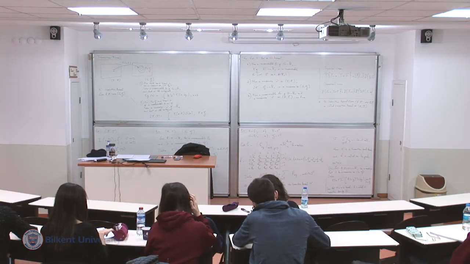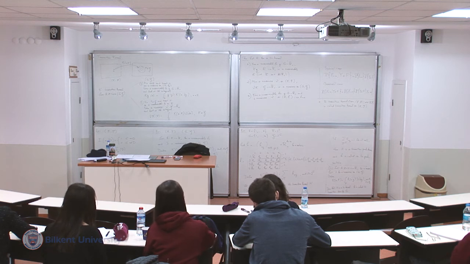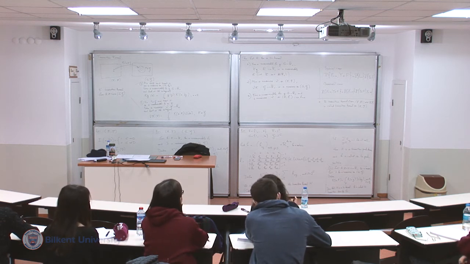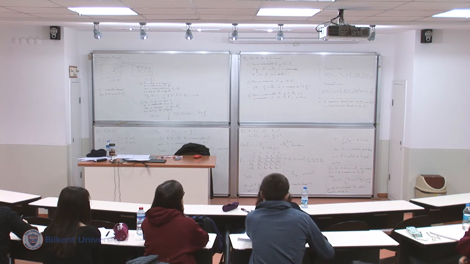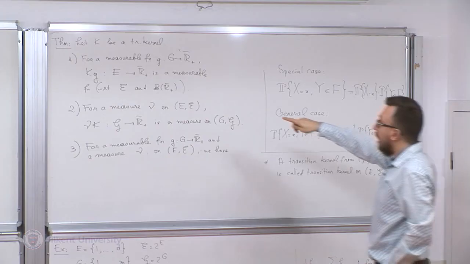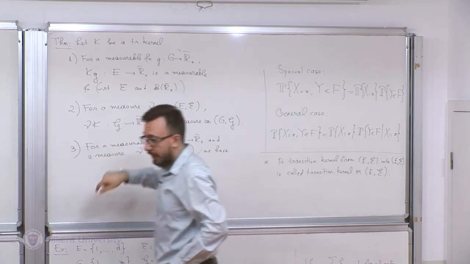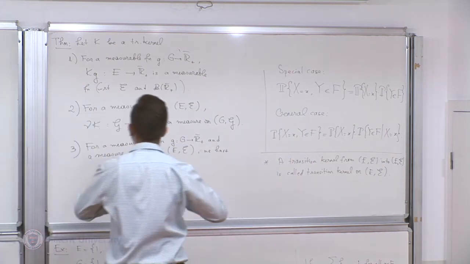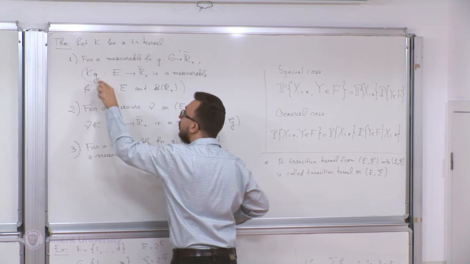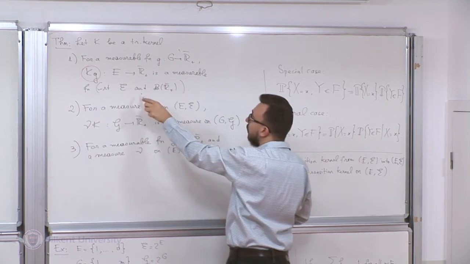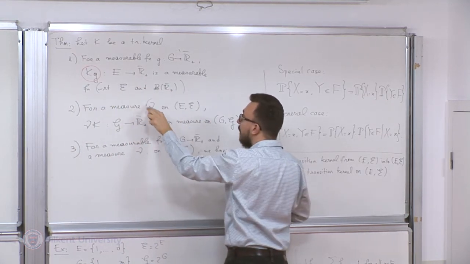So the idea is, can we combine number 1 and number 2? Because look at number 1, we get a measurable function on the first space. And look at what we have in number 2, a measure on the first space. So this is a function on the first space, and this is a measure on the first space.